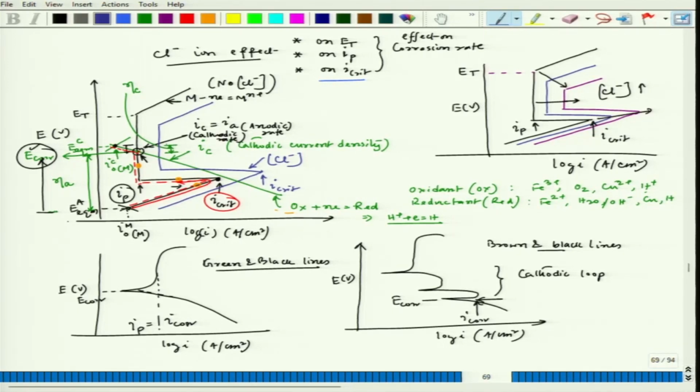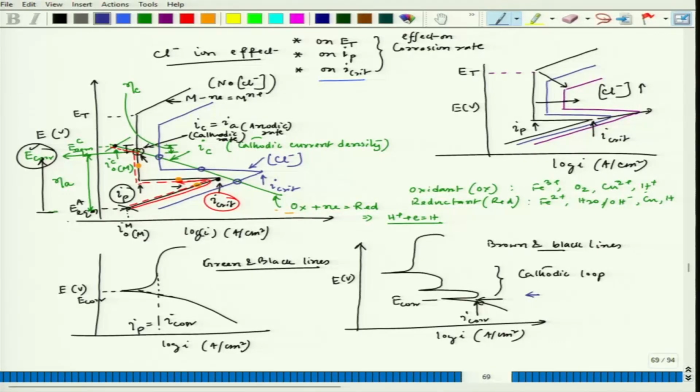And definitely in that case stable passivity would not be achieved, just like how we have gotten the cathodic loop. Here also we will get a cathodic loop because I could see mixed potential can be possible at these 3 locations, where the total rate of cathodic reaction as well as anodic reaction are the same, or in other words I cathodic equals I anodic at those 3 locations.